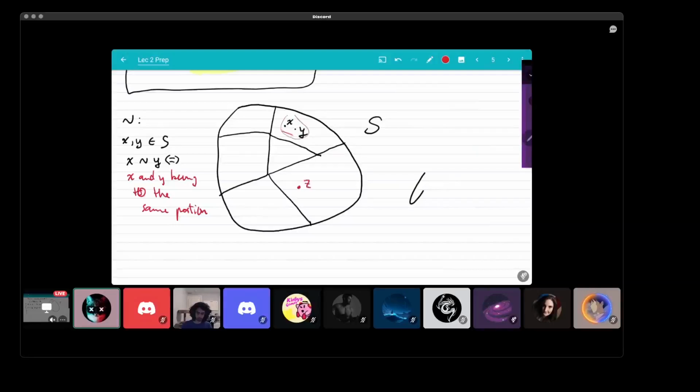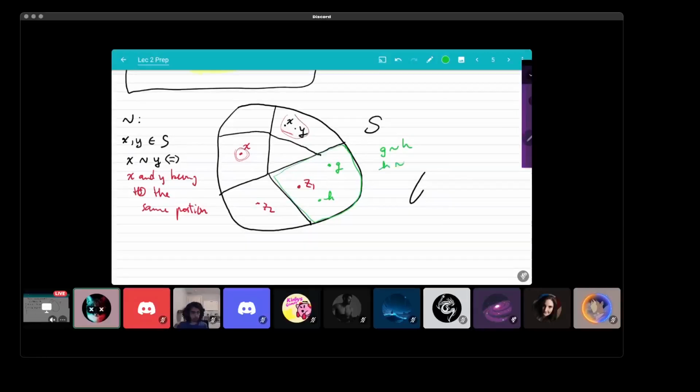These elements z1 and z2 are not equivalent. Any x is equivalent to itself because it belongs in the same portion. If g is equivalent to h, it means they're in the same portion.